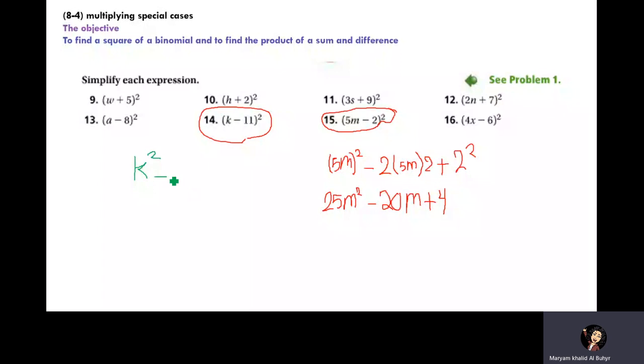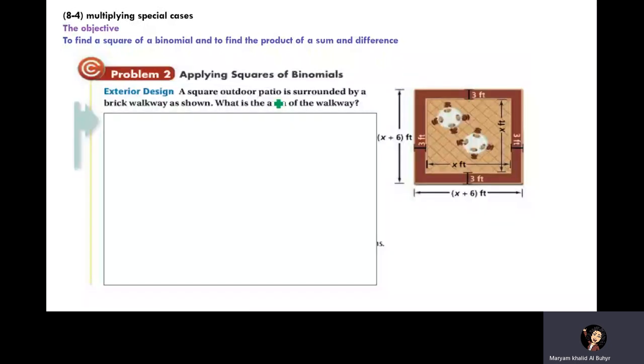Apply squares of binomials. A square outdoor patio is surrounded by a park walkway as shown here. What is the area of the walkway? I need to find this one. In this chapter, they repeated the idea many times, if you notice.